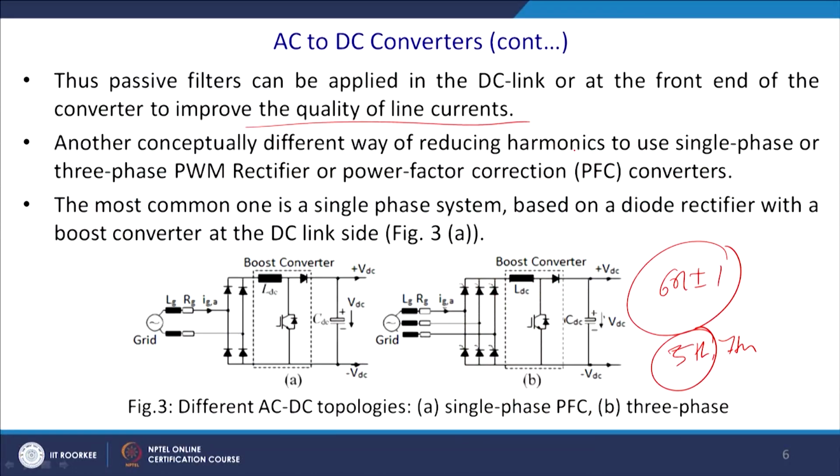Another conceptually different way of reducing harmonics is to use a single phase or 3 phase PWM rectifier or power factor correction converter. You will see the boost topology, where we take the voltage envelope and the current is forced to remain within the voltage envelope.